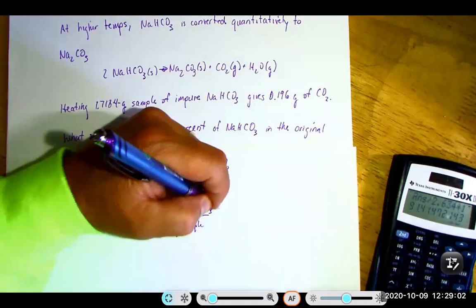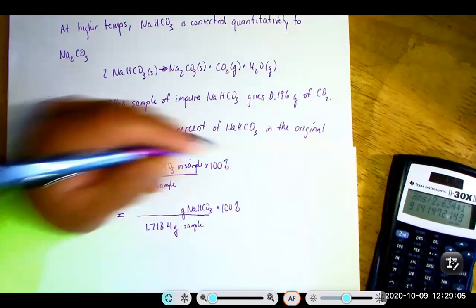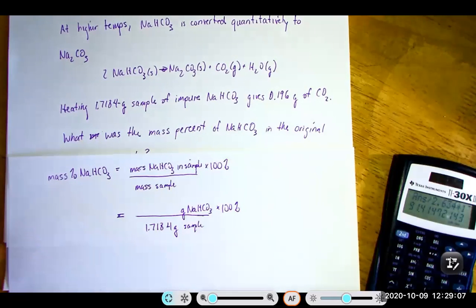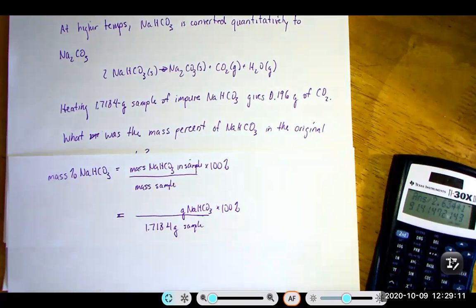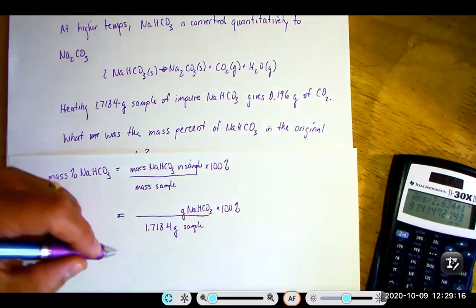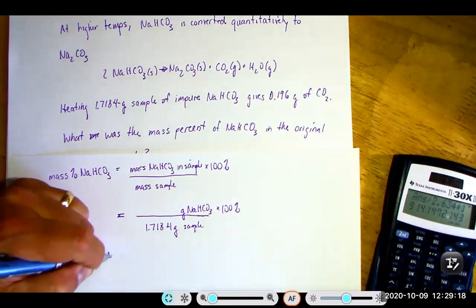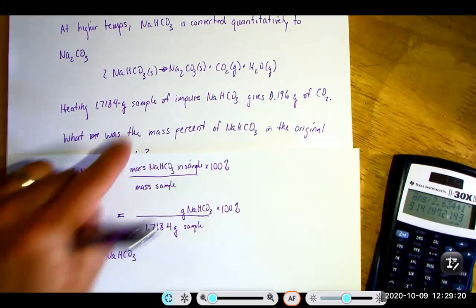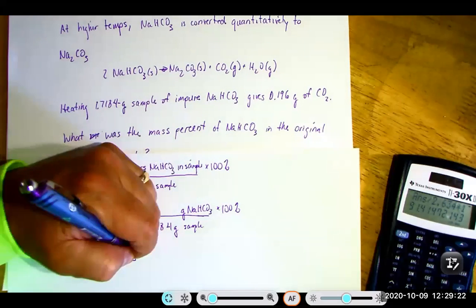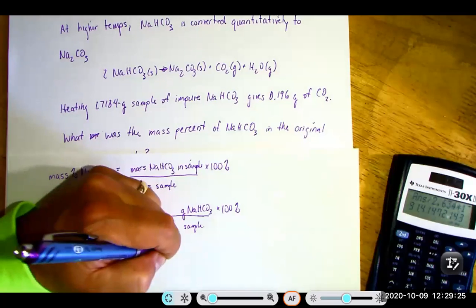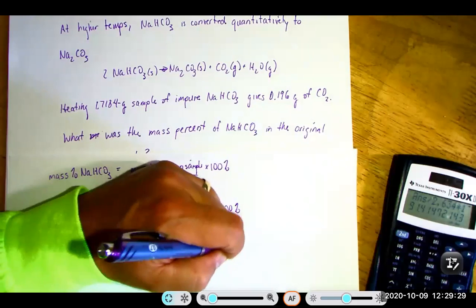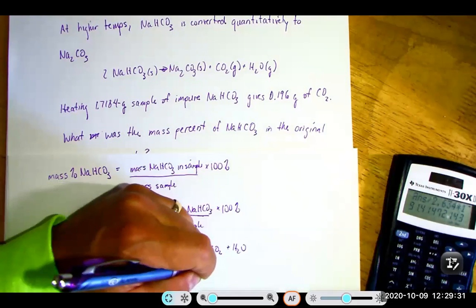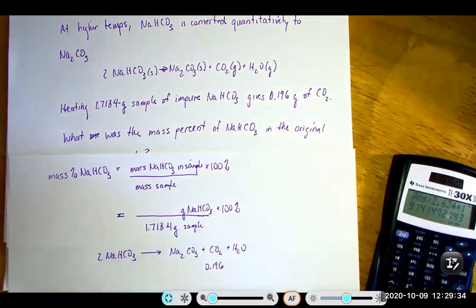So I know that I'm working towards figuring out the grams of sodium bicarbonate. In this case, if we look at the reaction to sodium bicarbonate, without regard to the state, because that doesn't really matter to us, we get 0.196 grams of CO2.